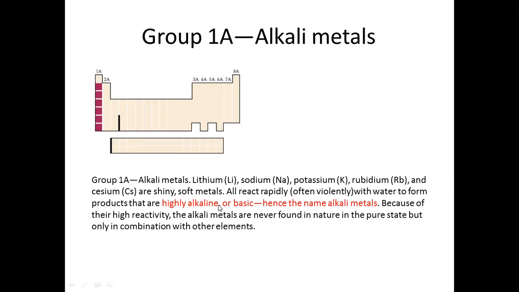We name them the alkali metals because they form basic solutions. Let's suppose one example is sodium, and the basic compound with sodium is sodium hydroxide. That's why these are called the alkali metals.